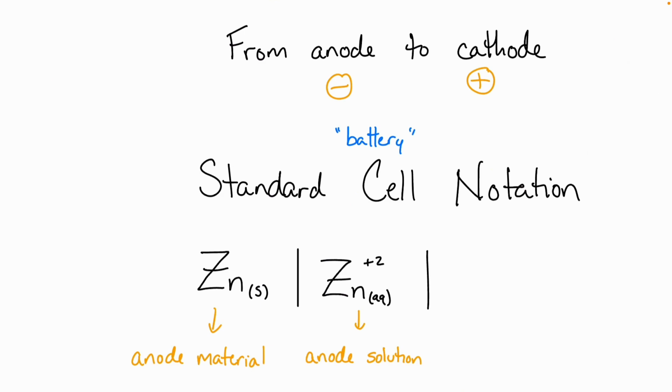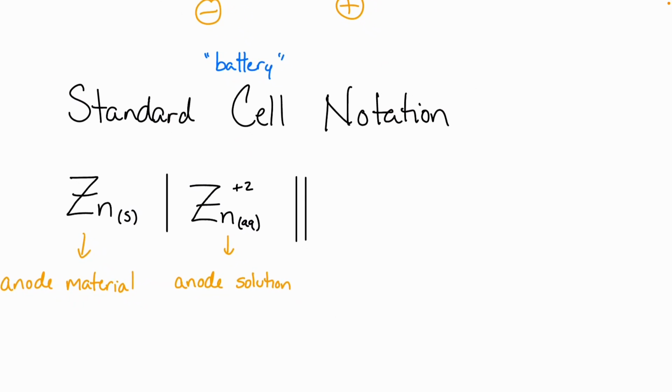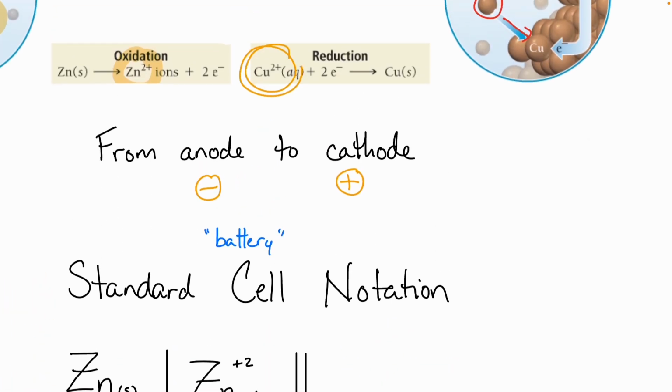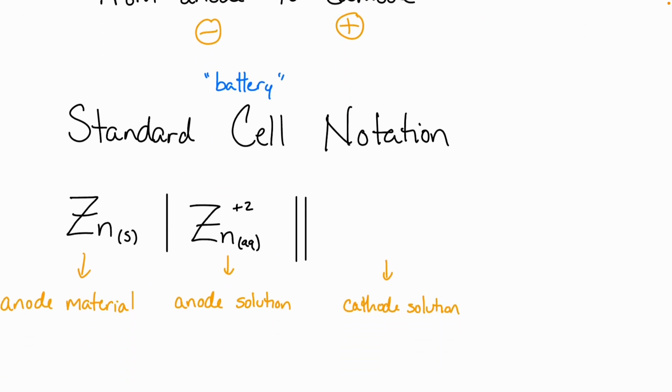And now we're going to draw two bars. And in our first box, we put the cathode solution, which is in this case those copper ions. Rather, that's in solution at our cathode.